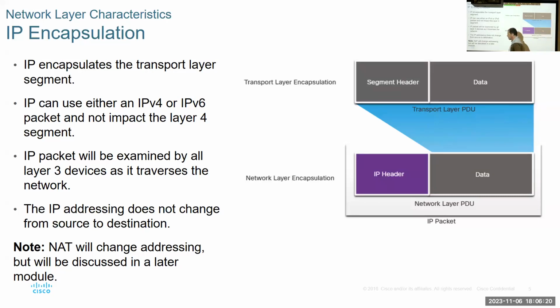IPv6 gives us 128 bits of address, which is just an astronomical number. Most people will say they never thought they'd run out of 32-bit, but if they went to just 64 bits, you might have an argument that maybe you could still run out of addresses. 64 bits is still huge.